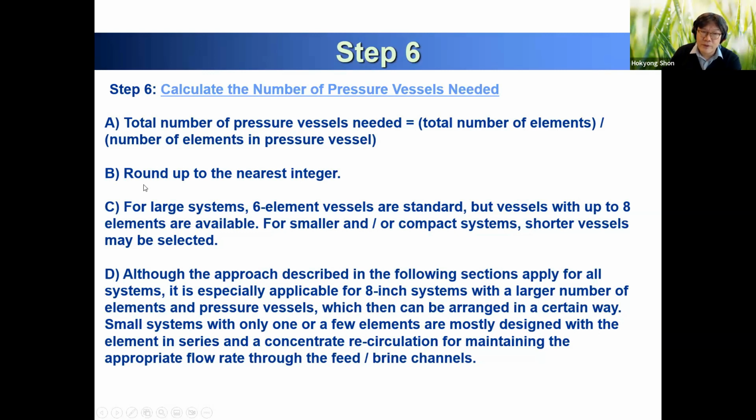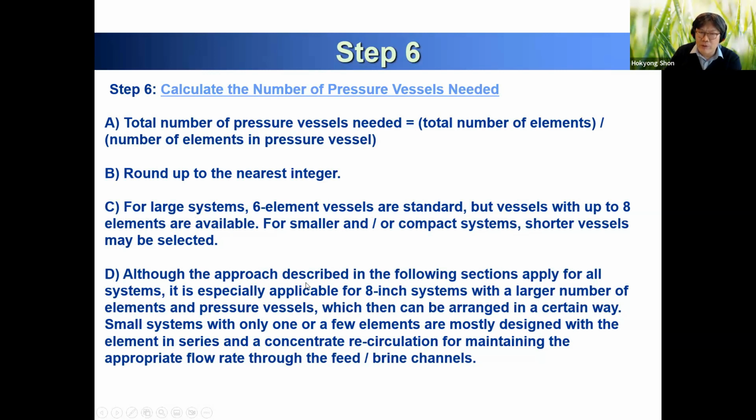Also round up to the nearest integer. For the largest systems, 6-element vessels are standard, but vessels with up to 8 elements are available. For smaller and compact systems, shorter vessels may be selected.